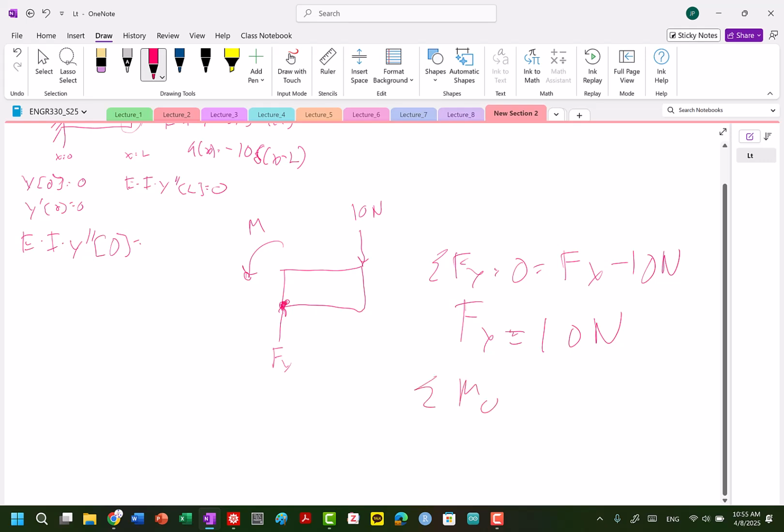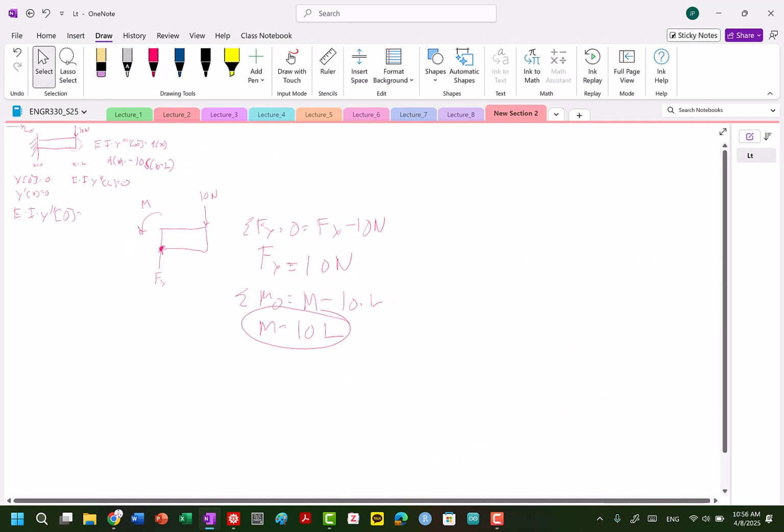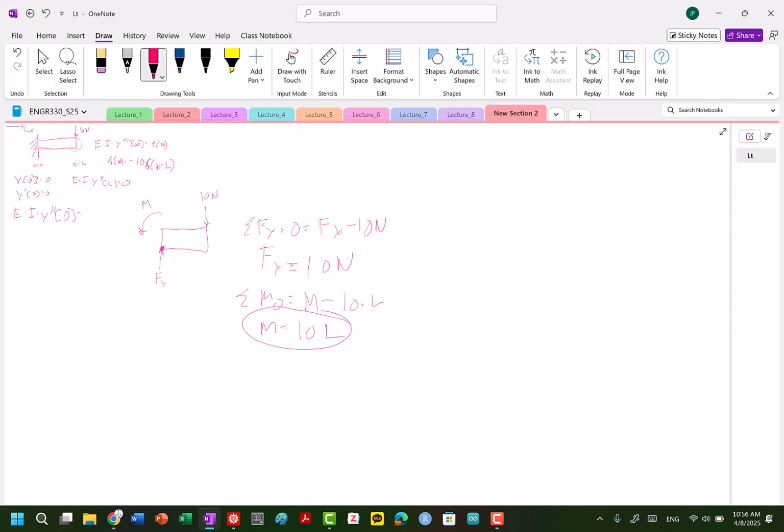Sum of the moments at that point that we indicated: there's a positive M here, and then the moment from this force is going to be minus 10, because again, we're doing counterclockwise, minus 10 times L. So our moment is going to be equal to 10L in that direction.